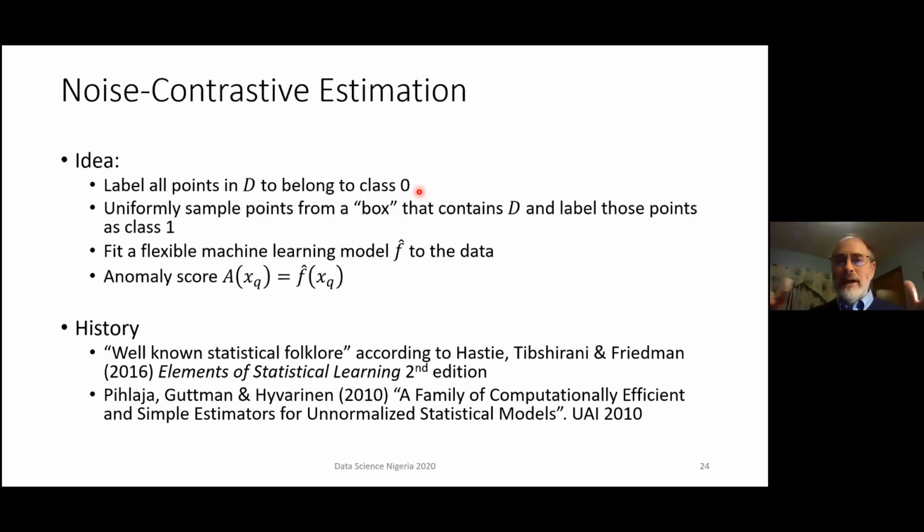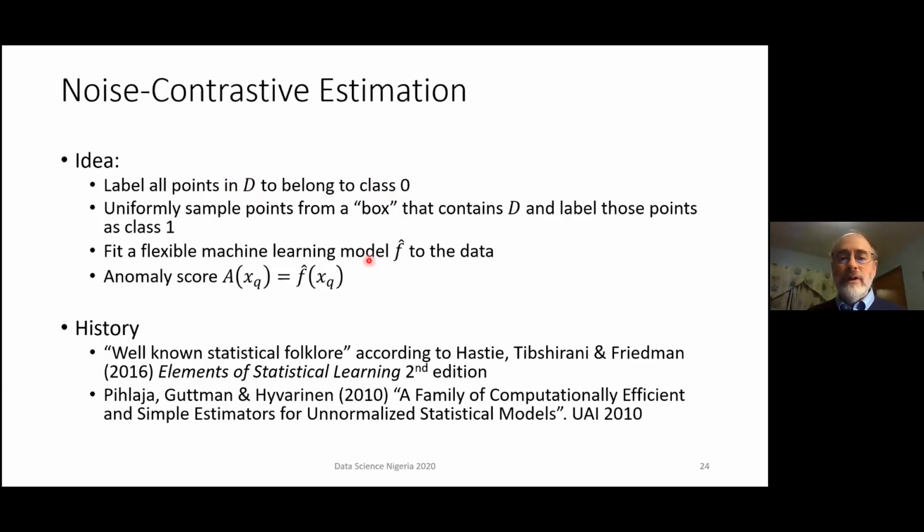Basically, we have to define a box around the data, or a region around the data, but usually we just use a hyperbox. So not just the maximum and minimum along each dimension, but a box that contains the data and extends outward from it a bit. Then we uniformly randomly sample points from that, usually the same number of points as we have in our data set, so that we have a well-balanced supervised learning problem.